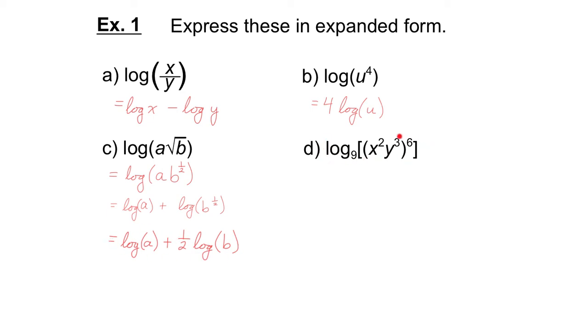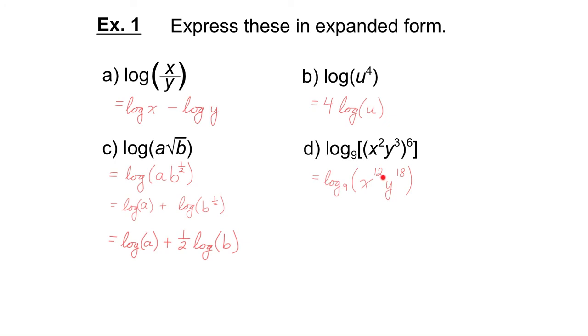And this last one, it looks really complicated, but let's break it down. First off, I notice that inside here, I have a power of a power. So x squared has an exponent of 6, y cubed has an exponent of 6. So I can just multiply these exponents to simplify. Notice I'm multiplying x to the 12 by y to the 18.